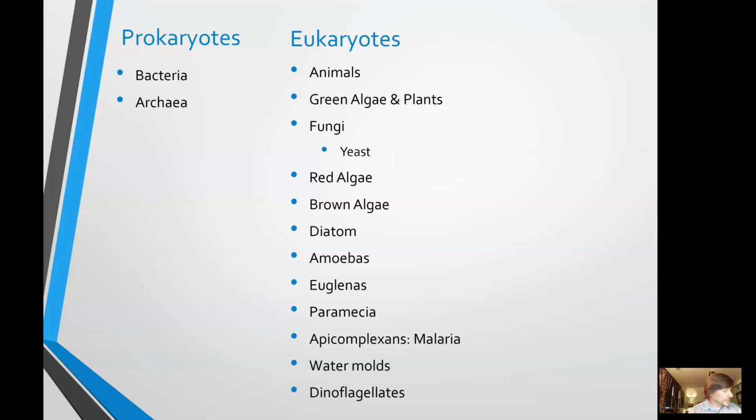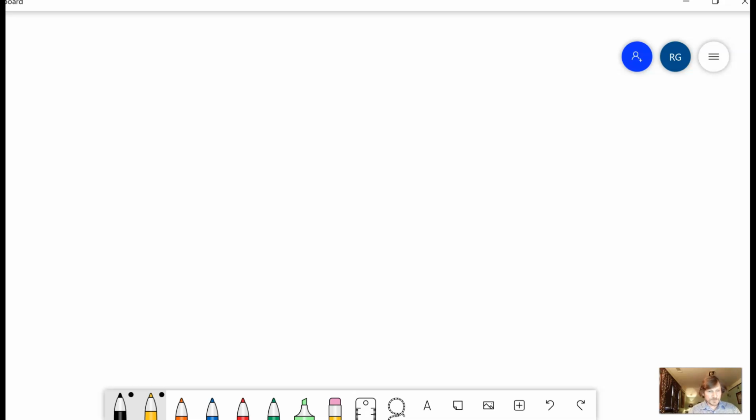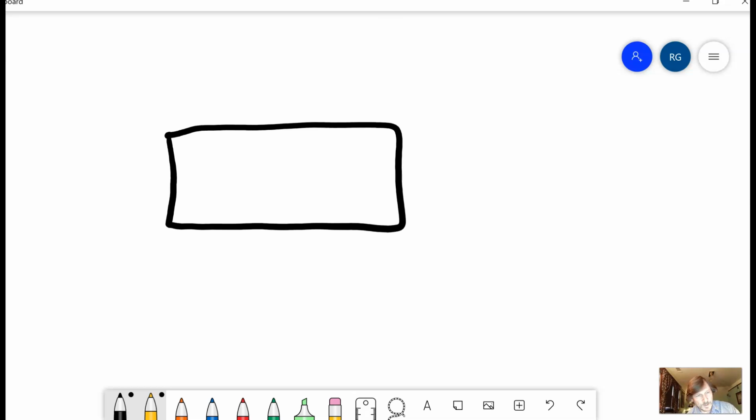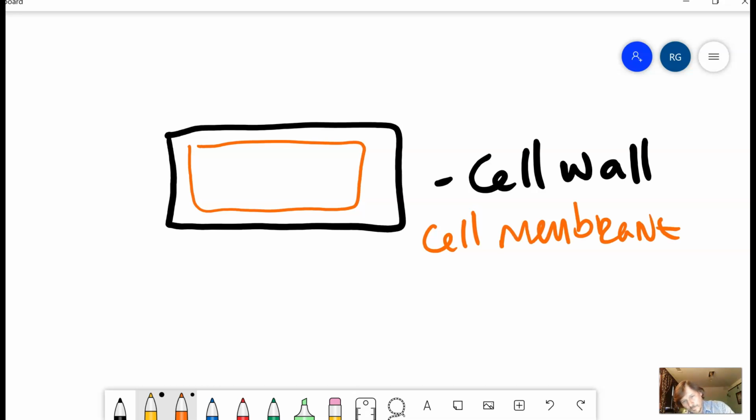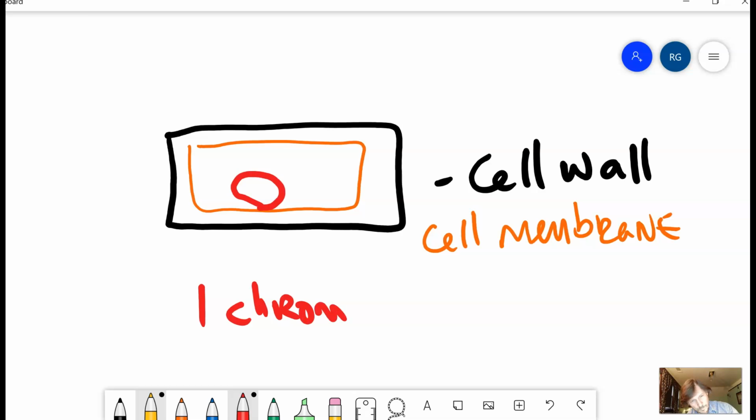So there's a lot of diversity of different things. What I'd like to do is review quickly the difference between a prokaryote and a eukaryote. If you remember, I drew a prokaryote. We're just going to have a cell wall. Inside, there's a cell membrane. It does have DNA, but as a single chromosome, not in a nucleus.